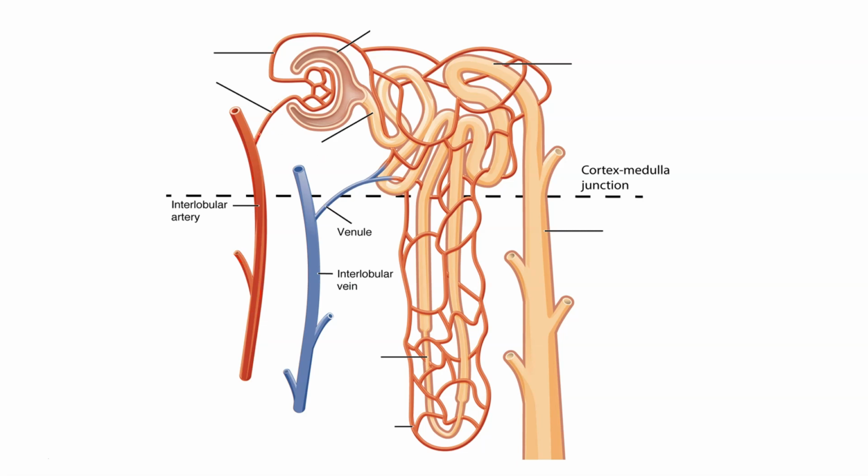What's going to happen is that blood's going to come off, and then it's going to go through this really crazy capillary network, and then it's going to leave. The inlet into this capillary network is called the afferent arteriole, and the place that it leaves is called the efferent arteriole.